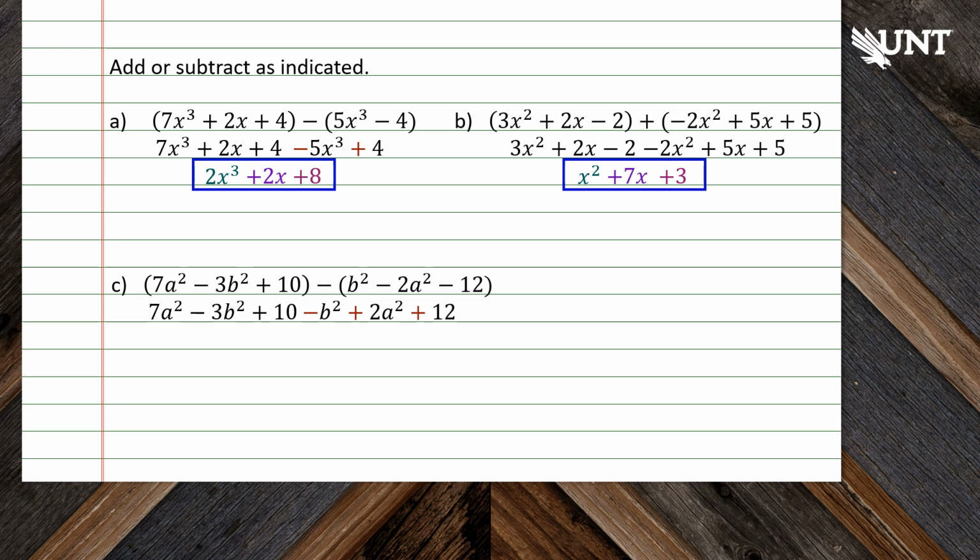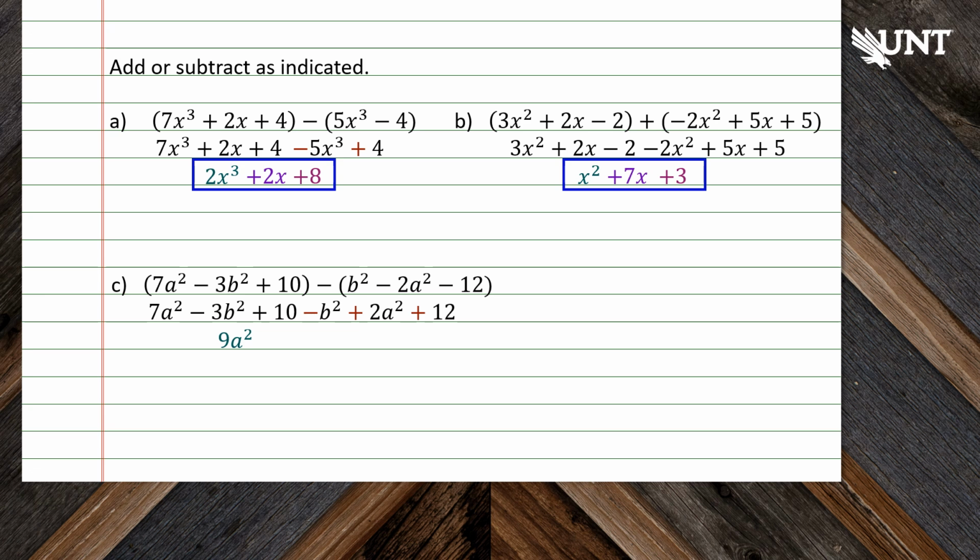Since we've taken care of multiplication and division, now we're ready for sum and difference. So let's start with our first term, 7a squared. Notice we do have another a squared term. 7a squared plus 2a squared combines to give us 9a squared. Next, alphabetically, we look at our b terms. We have negative 3b squared and negative b squared.